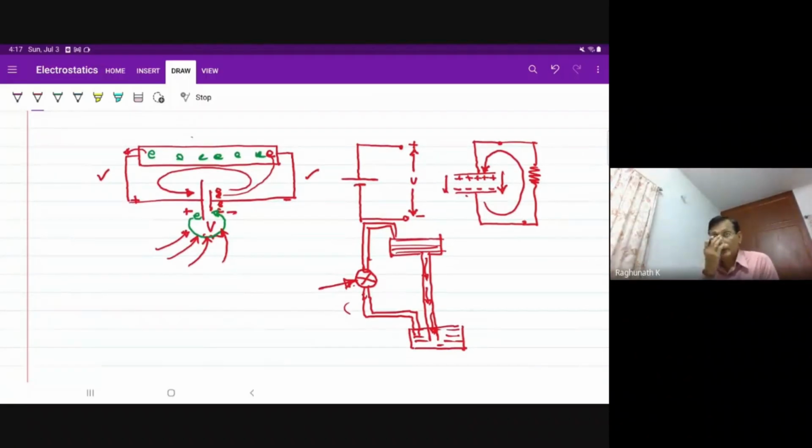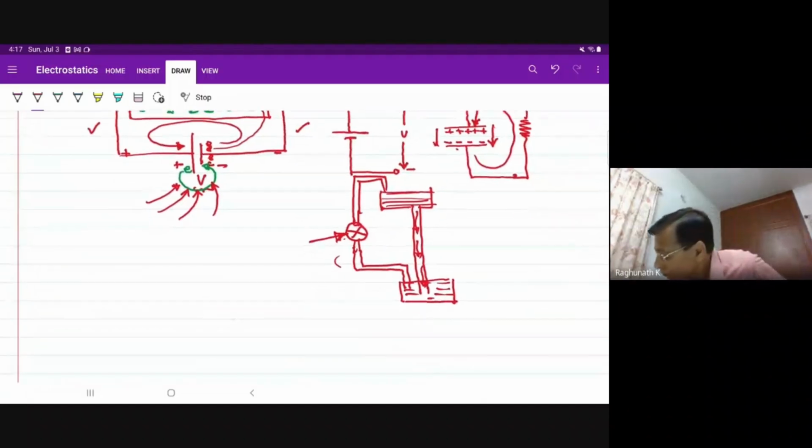Check it. At some point of time, we should have discussed this, because we should go to network analysis, taking the concepts in electromagnetics. Now check it.